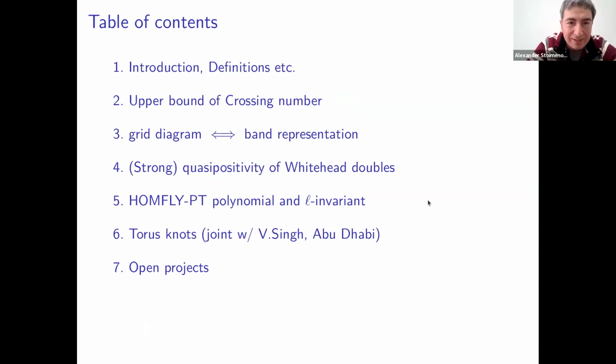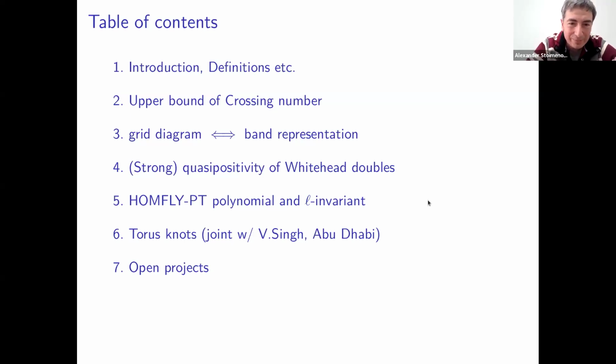So I will say some basic definitions, and then I will make a small remark about the upper bound of crossing number for knots in terms of arc index. Then I will talk about the NUTS construction, which gives an equivalence between grid diagrams and band presentations, and then say something about quasi-positivity and strong quasi-positivity of Whitehead doubles.